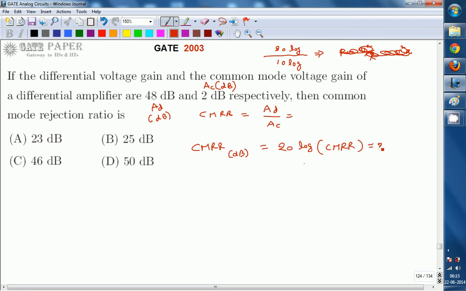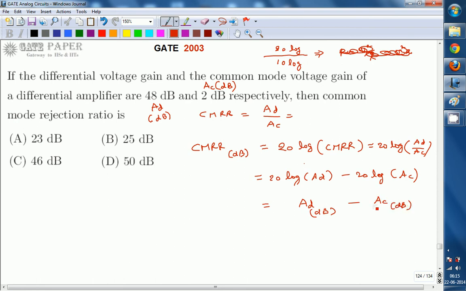CMRR in decibels is 20 log AD by AC, the general equation. From this you can write 20 log AD minus 20 log AC. 20 log AD is AD in terms of decibels, and 20 log AC is AC in terms of decibels, because AD and AC are the differential mode gain and common mode gain, both voltage gains, so using 20 log gives the equivalent decibel value.